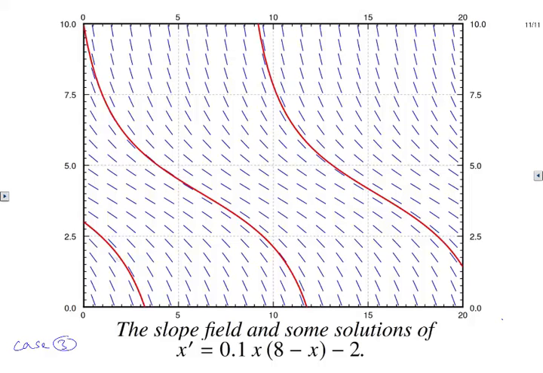You can see the solutions go to negative infinity, and each solution ends up at negative infinity. It's going to decrease. This is a very dangerous situation, because no matter where you start, you end up at negative infinity.